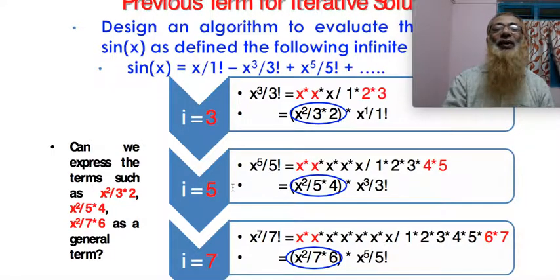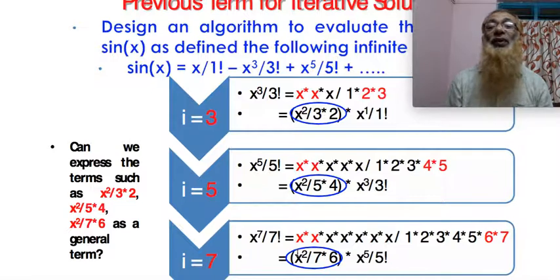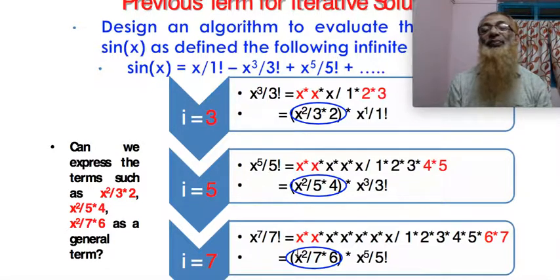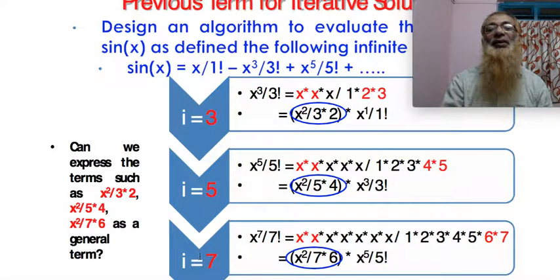See this x squared. We can see that it can be computed as a constant value for a given solution. We can easily compute that. So in each of these terms, x squared will be used to generate this term.